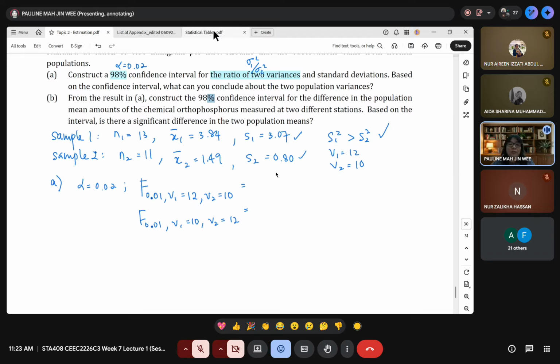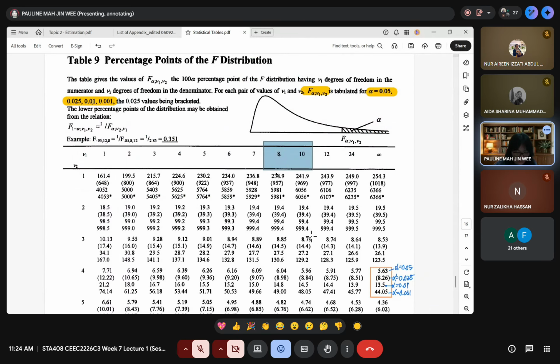Okay, so let's look at the table. Can you give me the number, please? F 0.01, 12, 10. What is the value from the table? 4.71.